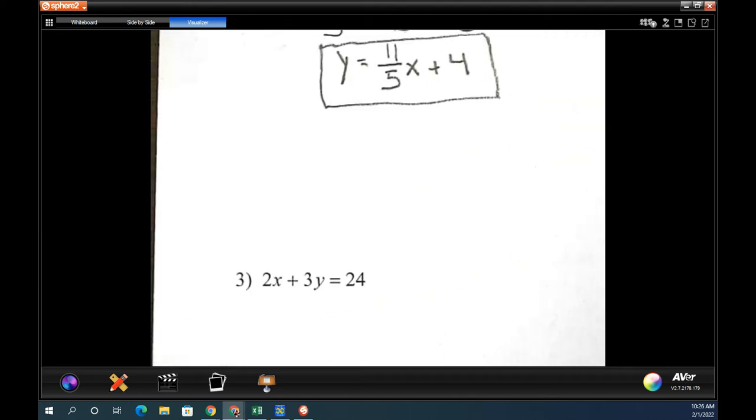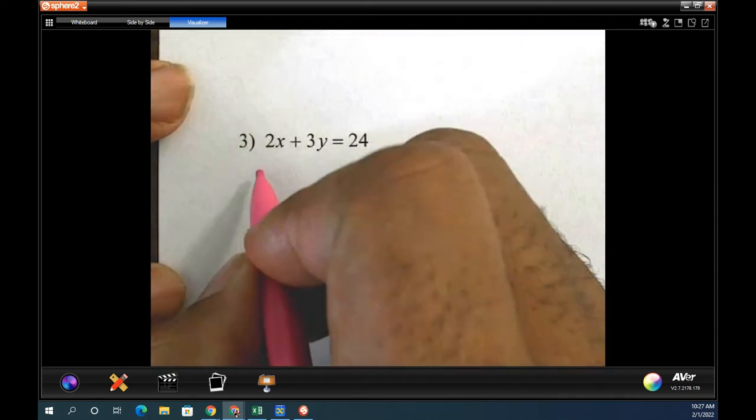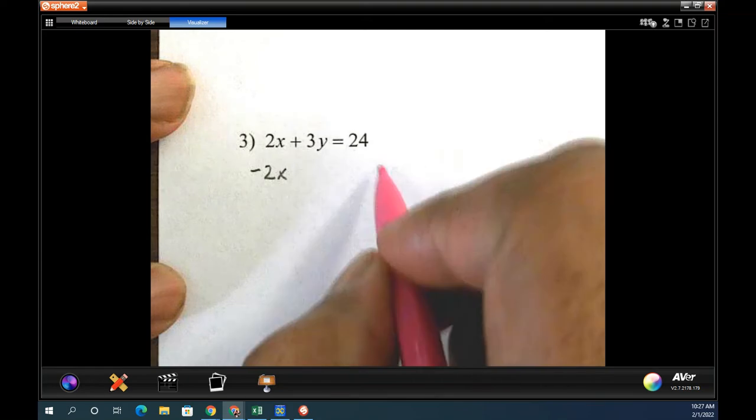All right. Try number 3. Okay. You should have subtracted 2x from both sides.